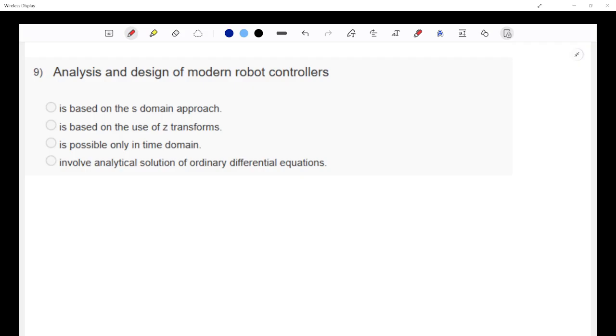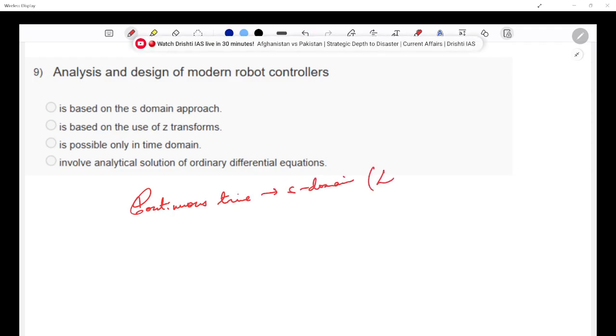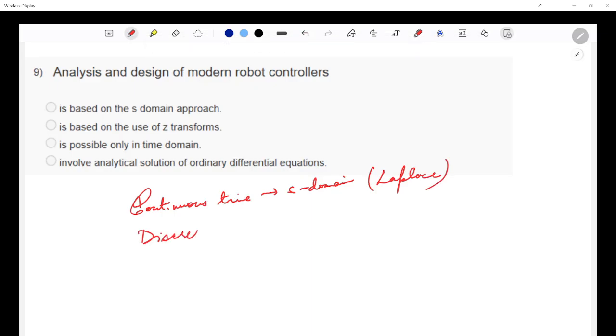This is important: continuous time is S domain, and it is Laplace domain. Discrete time is Z domain.